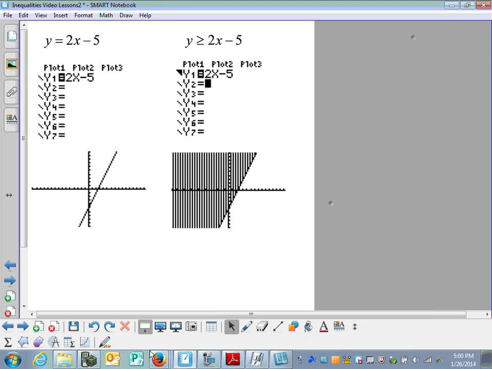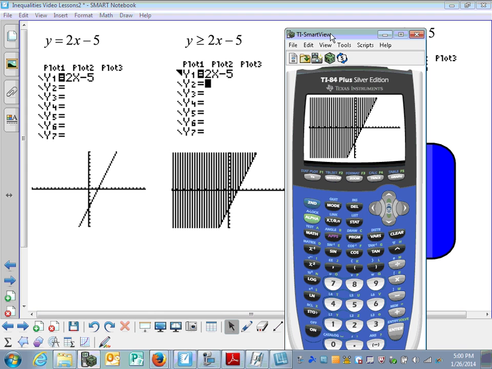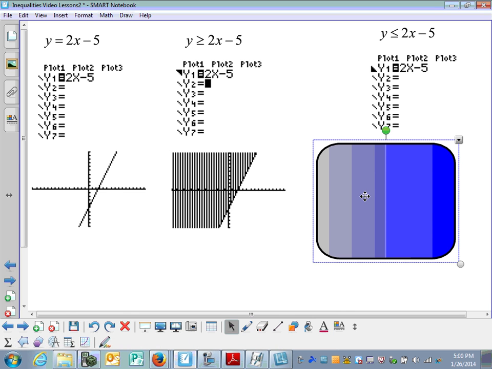All right. Let's try the next one. Y is less than 2x minus 5. So all we have to do there, go into y equals, toggle to the left, and hit the triangle that's flashing below the line. And it'll shade the region below the line and look like that.